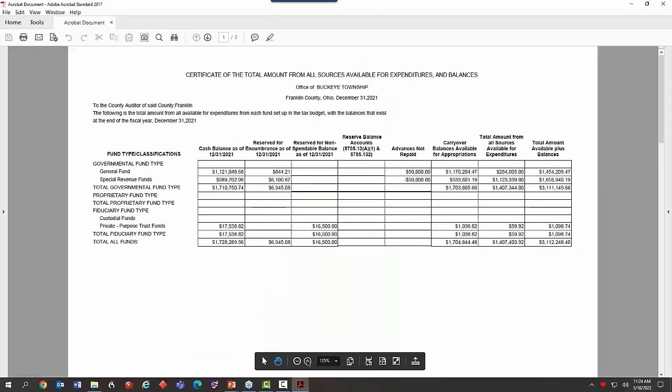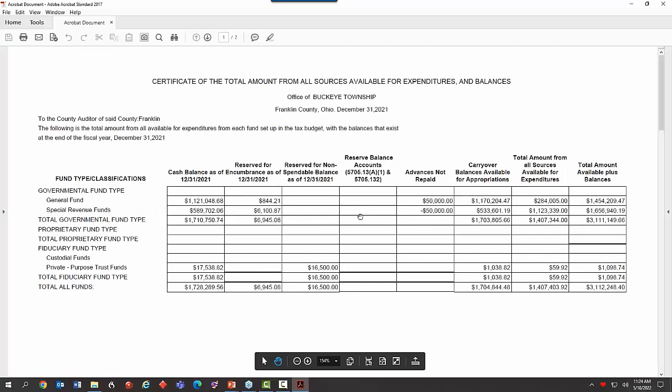Let's bump it up. Okay, page 1 of the Certificate of the Total Amount. It shows all the funds grouped and totaled together by type. So you can see it says special revenue funds, but I have a lot of special revenue funds. So page 1 is just where the totals are brought forward.